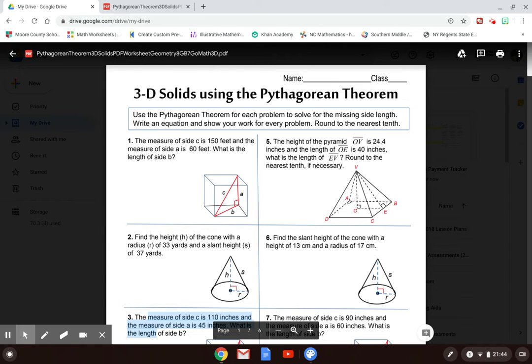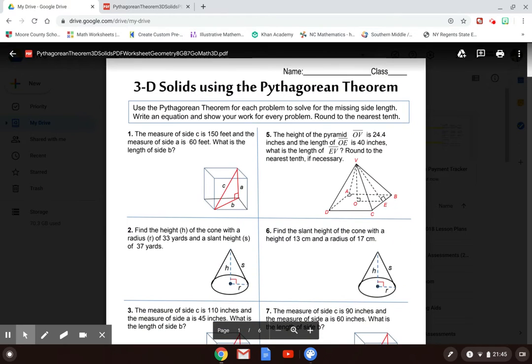So in reality, you're only going to have 13 problems to do over 2 days. I think you can handle that if you manage your time properly. Do it all today, do it all tomorrow, do a little bit today, a little bit tomorrow. Either way, get it turned in by Friday.